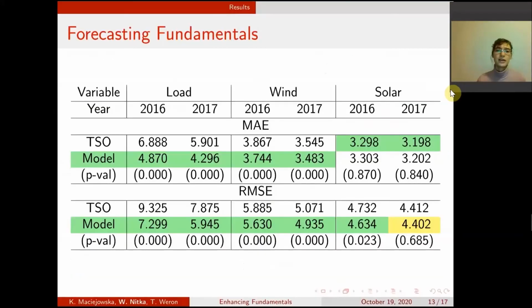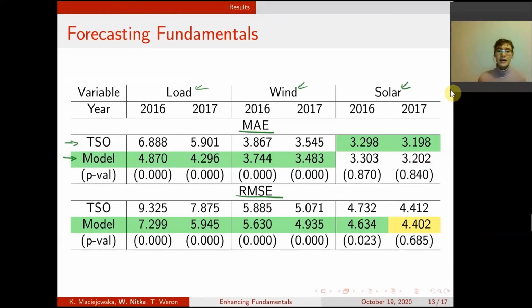So this table shows both error measures for all three of the fundamental variables, and we compare the TSO forecast errors to the errors of our models. And as we can see, our improved forecasts perform really well.